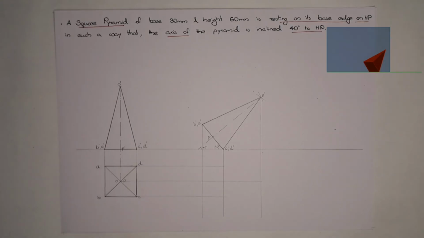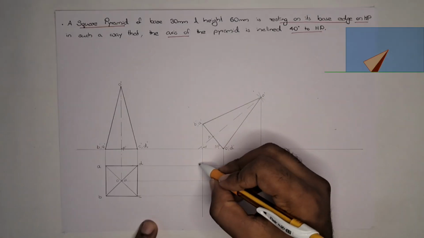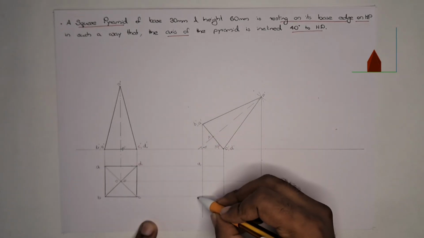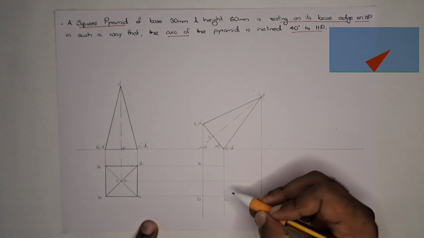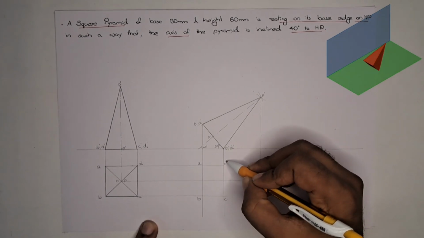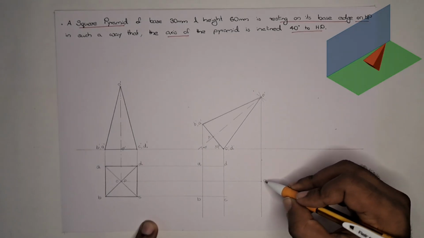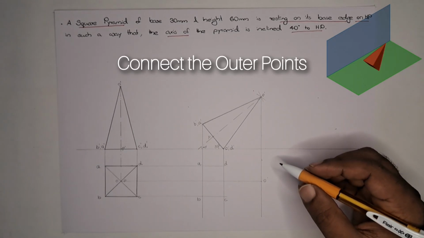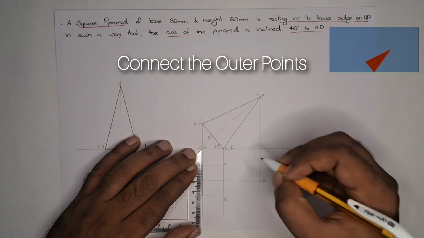Now we need to mark the points. So A to A, here it's A, B to the B, C, here C, D over here, and the last one O is over here. Now we connect the outer points.